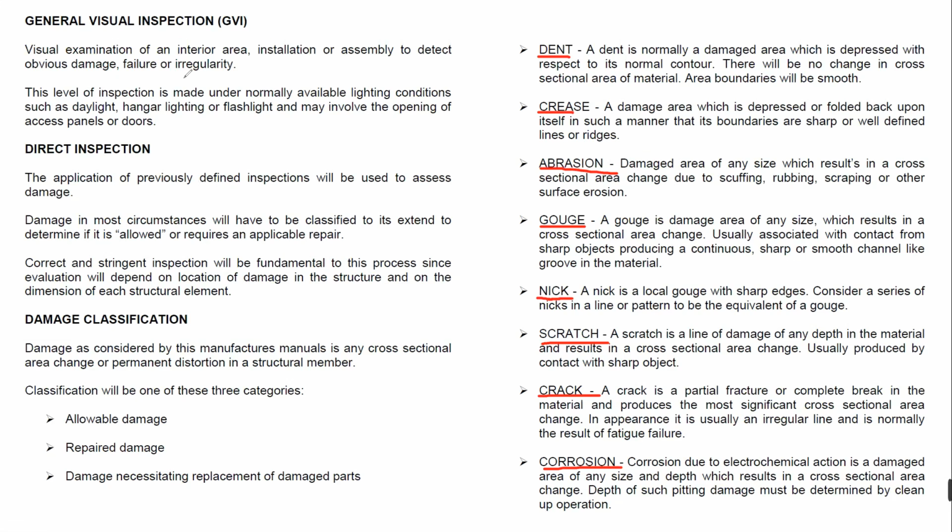For example, a scratch is a line of damage of any depth in the material and results in a cross-sectional area change, usually produced by a sharp object. What about the crack? A crack is a partial fracture or complete break in the material and produces the most significant cross-sectional area change. It's usually an irregular line, and it's normally a result of fatigue failure.